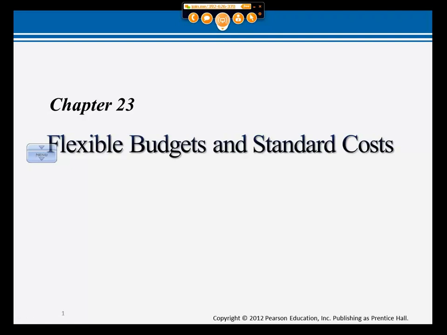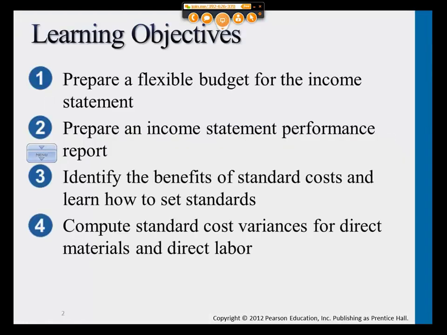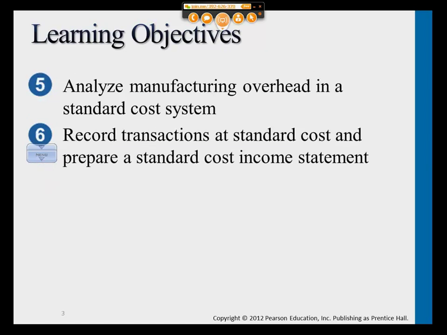We have a number of learning objectives that we'll go through. We'll prepare a fixed budget for the income statement. We'll try to understand the benefits of standard costs and learn how to set them. Compute standard cost variances for direct material and direct labor. We'll also analyze manufacturing overhead in a standard cost system, and then learn how to record transactions in standard cost and prepare a standard cost income statement.